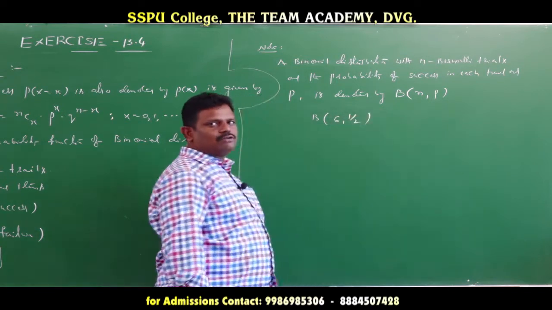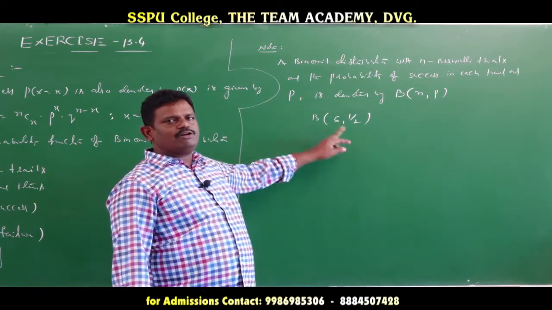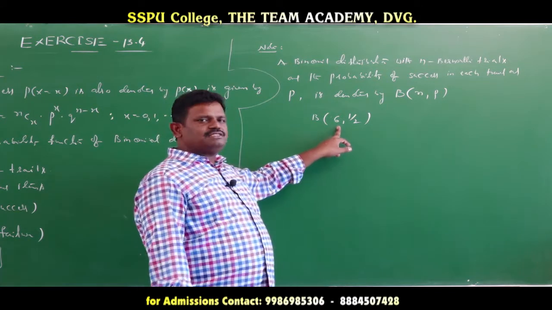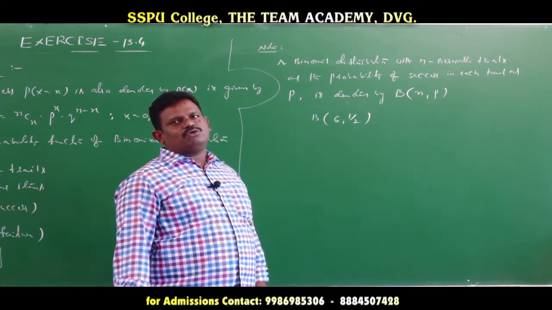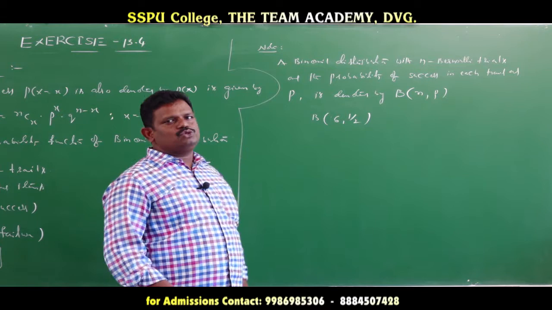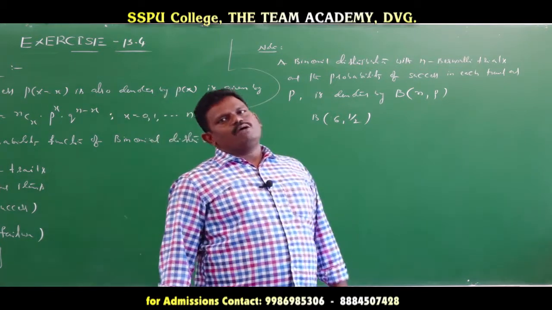This is the binomial distribution with the number of trials n equal to 6 and the probability of success p equal to 1 by 2.